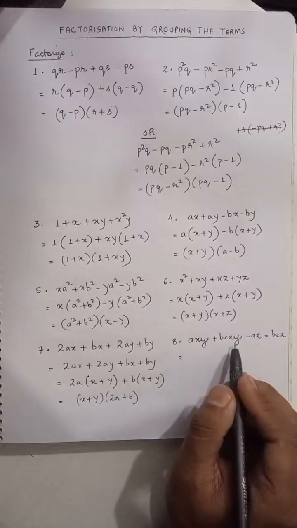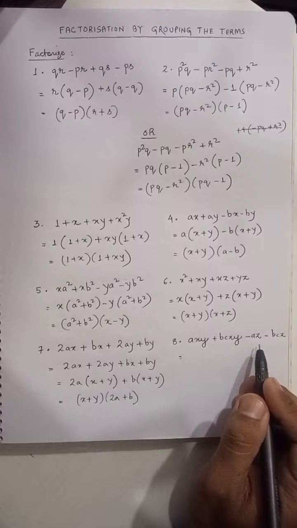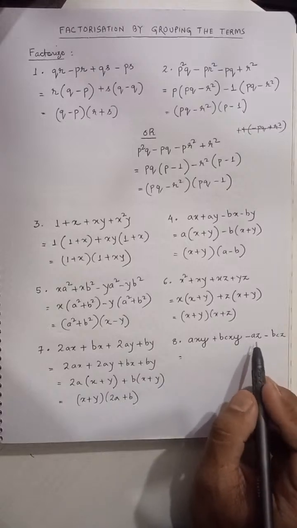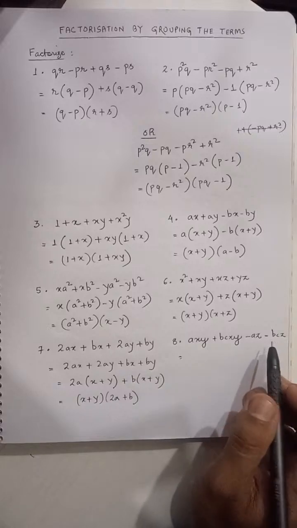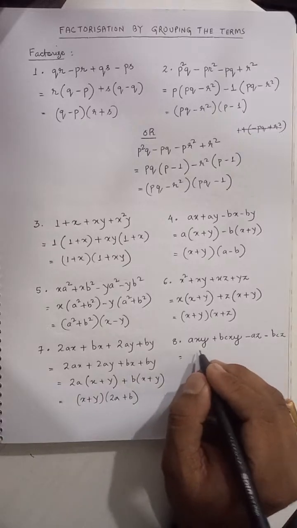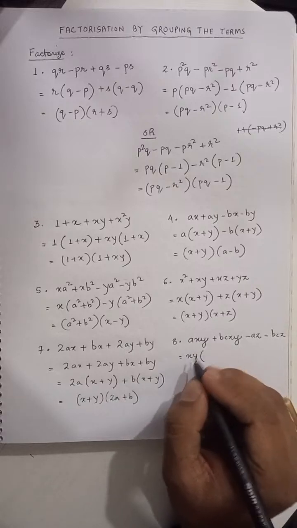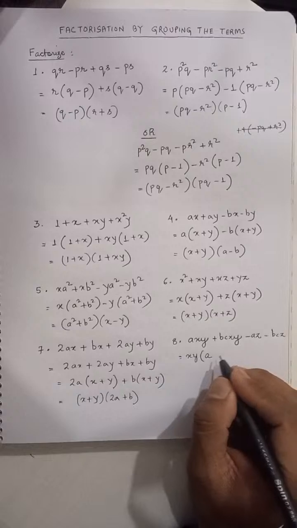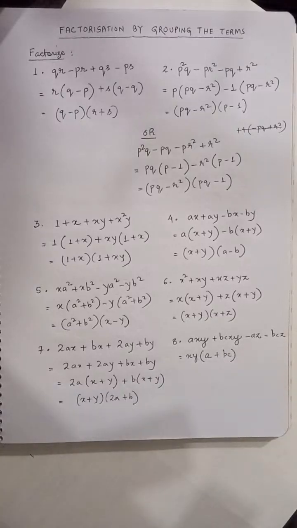So from the first two terms, we can take XY as the common factor, and from the second group, third and the fourth term, we can take out Z as the common factor. So when we take out the XY, we will be left with A, and here we will be left with BC.